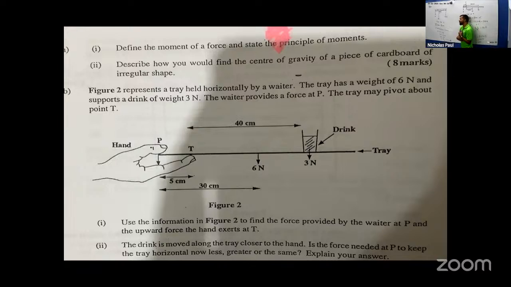The value for P is less because the clockwise moments are now smaller.